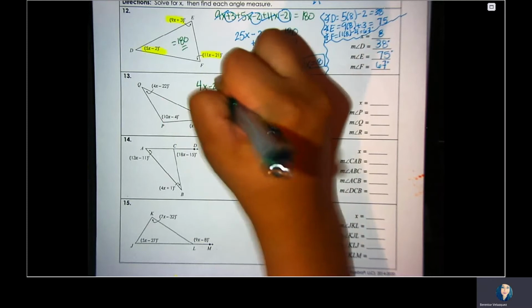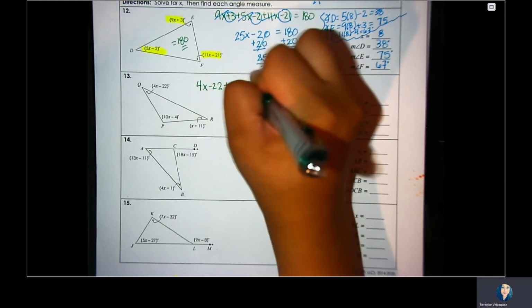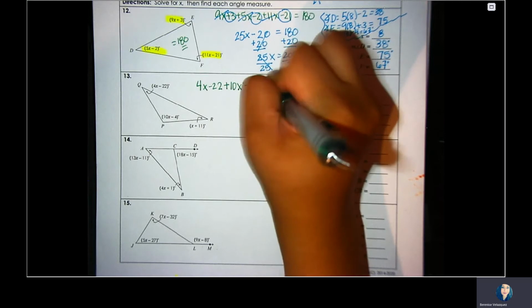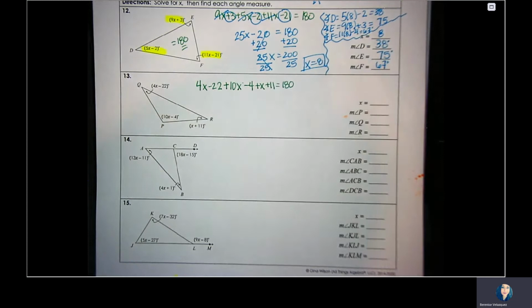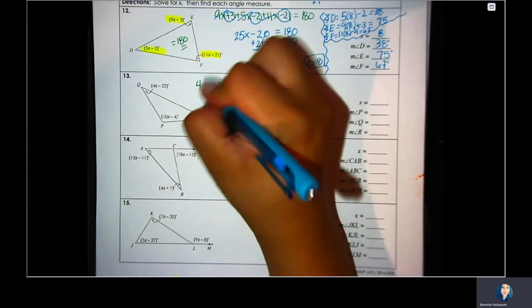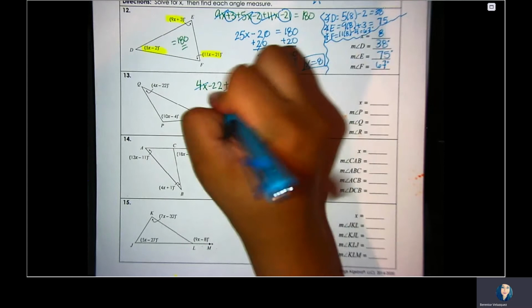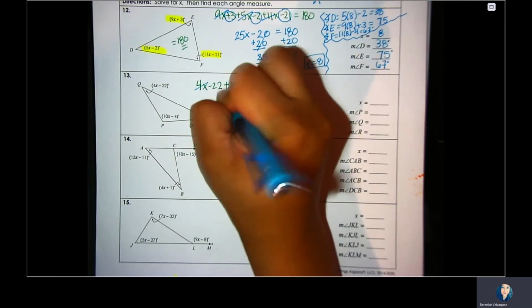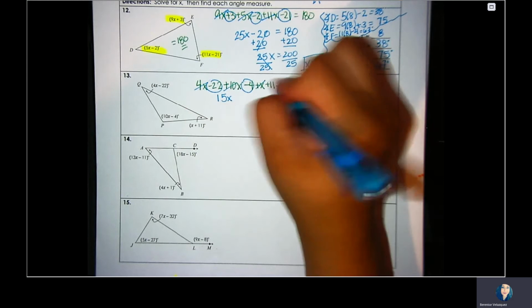So everything's on the inside, so once again, I'm taking everything here and I'm adding it up, setting it equal to 180. I start with my x's. 4 plus 10 is 14, plus 1x is 15x. And I go to my numbers, negative 22, minus 4 is negative 26.